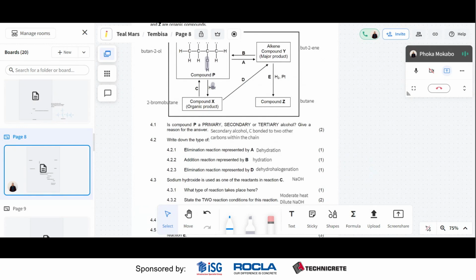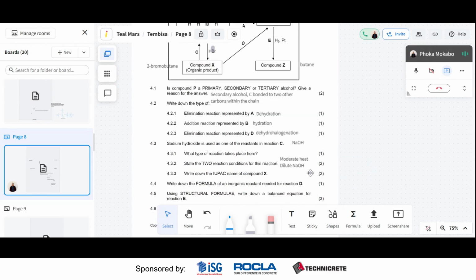But if it is concentrated NaOH, the way I think of it is, at that point, it is carrying enough moles in order to facilitate a complete transfer or a complete stealing of that hydrogen bromide. And in actual fact, what will then happen is you will have an elimination reaction instead, with a different result.